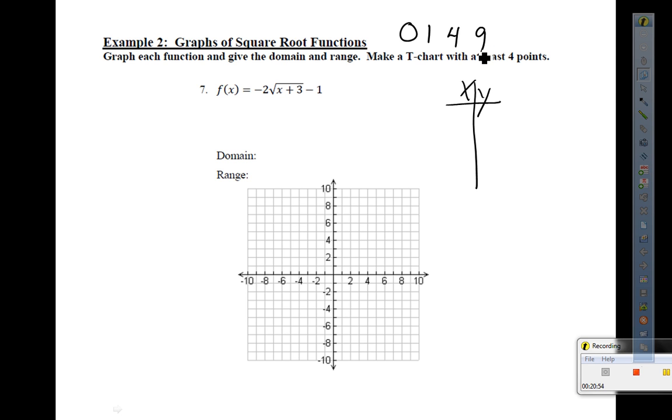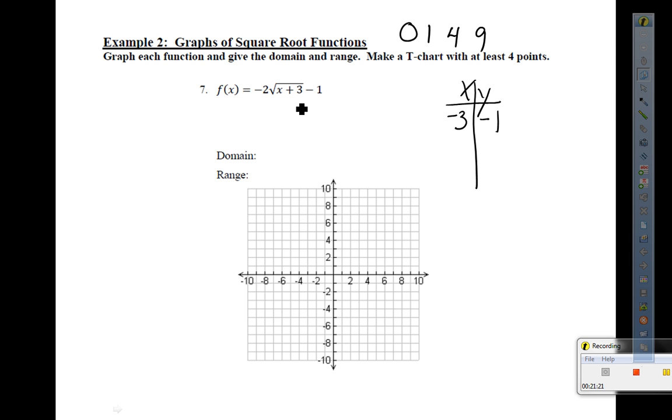Must be late on a Sunday night. I want to turn x plus 3 into 0. Something plus 3 is 0. What's that something? -3. -3 plus 3 is 0. The square root of 0 is 0. -2 times 0 minus 1 is -1. Which makes sense. 3 to the left, 1 down.